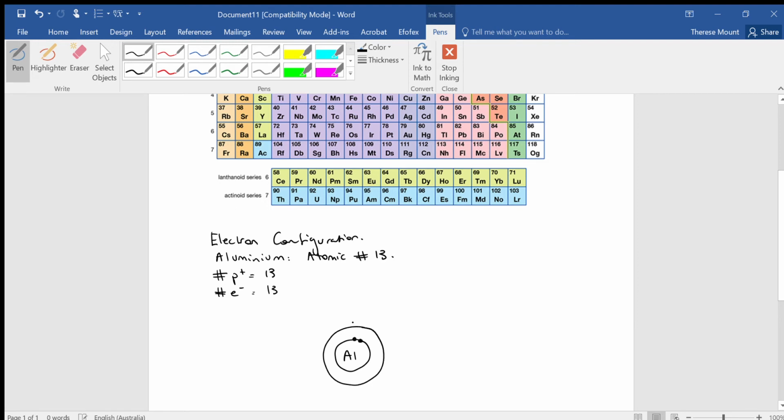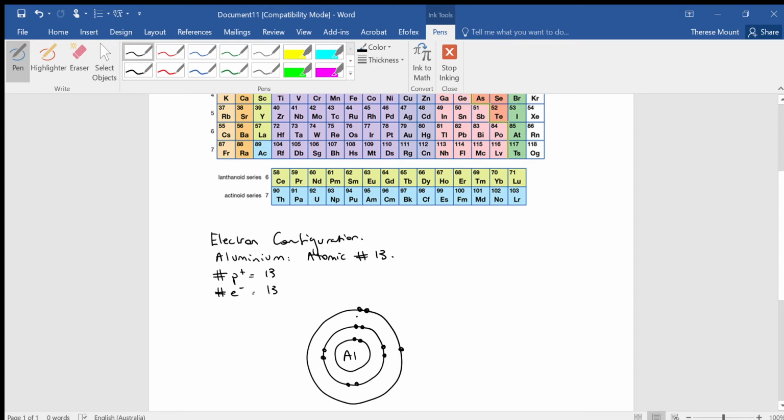Second shell, 8 electrons, 1, 2, 3, 4, 5, 6, 7, 8. Okay, and we've got 13 in total, so we have to keep filling these shells. So we're up to 10, so we've got 3 more to go. 1, 2, 3. Okay, hopefully everyone's okay with doing that.